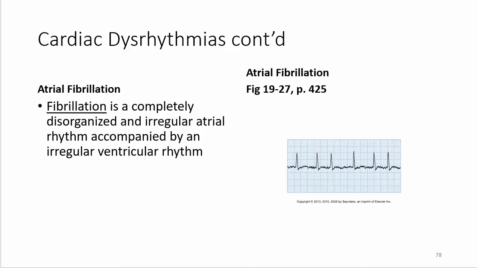You just move blood around within the atrium. It's going to have a huge effect on ventricular filling and therefore on cardiac output. And often this can accelerate to become other issues.